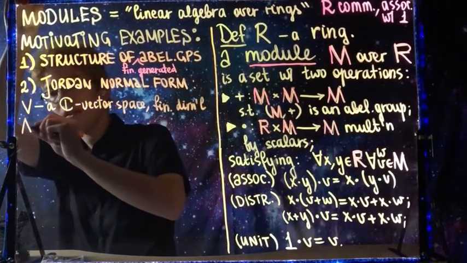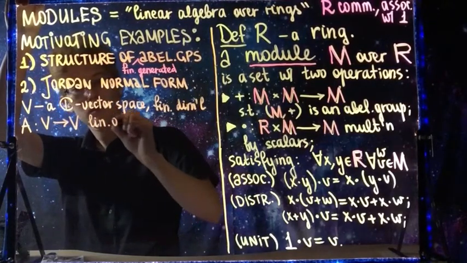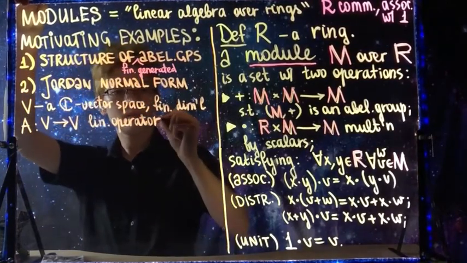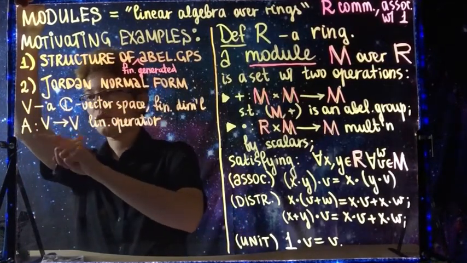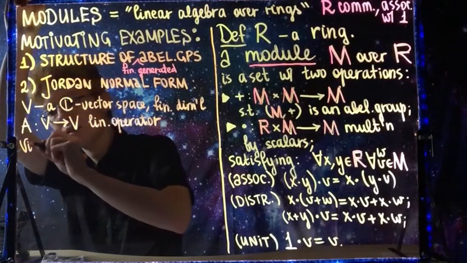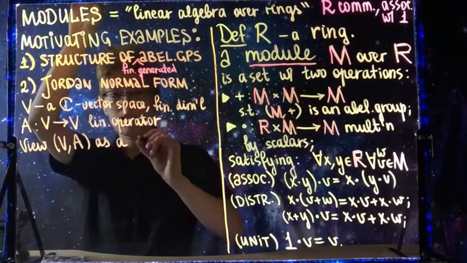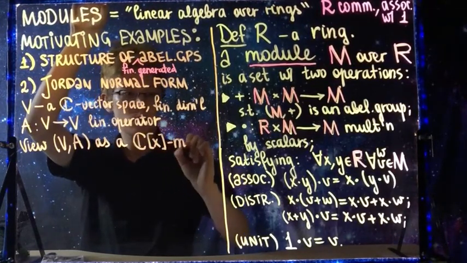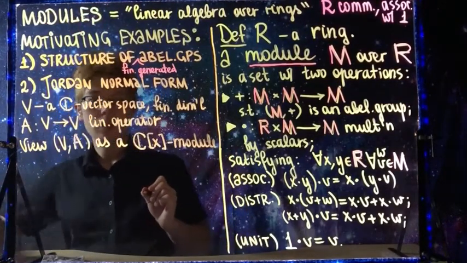We take a linear operator on V, and we can view this datum of a linear operator as a C adjoint X module. The structure of the module is defined as follows.